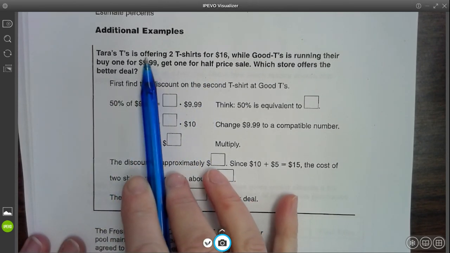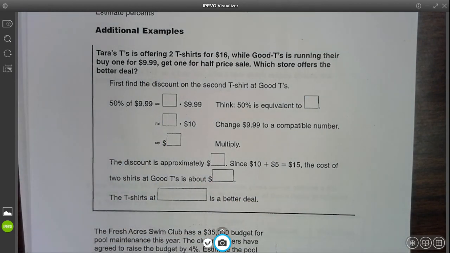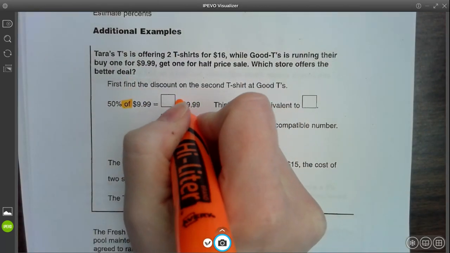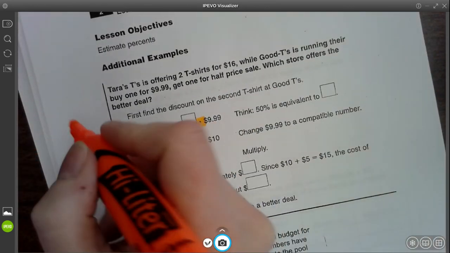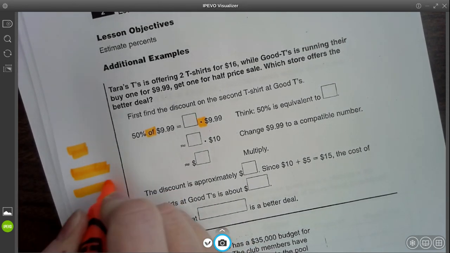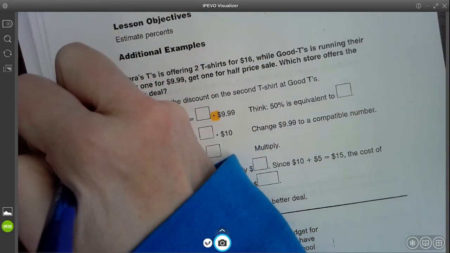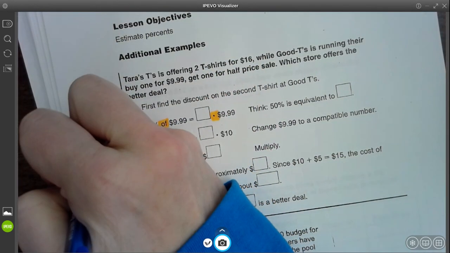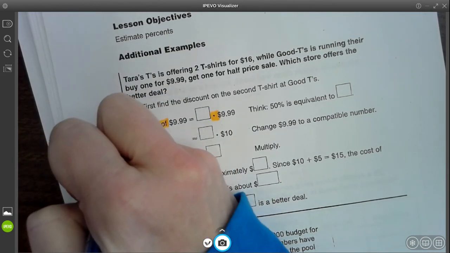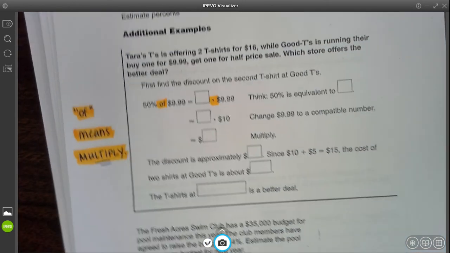50% of this $9.99. So it's important to know that in math, of means multiply. I'll write that over here. Of. And we are going to use this concept throughout the entire chapter, okay?